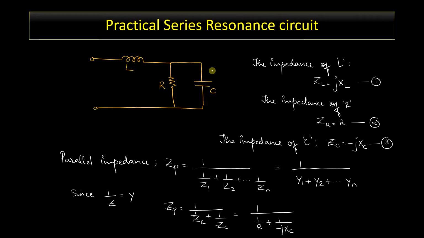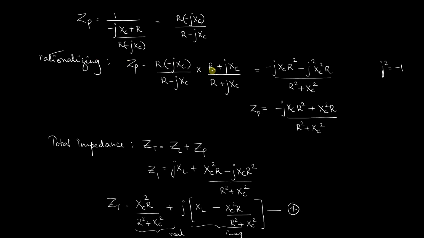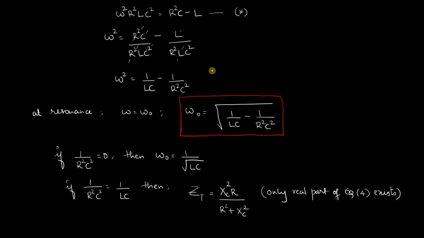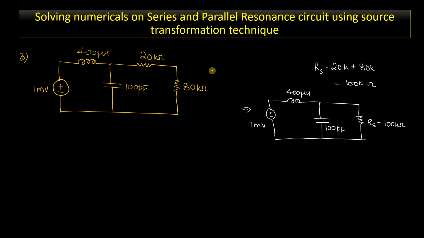Okay, now not always will you be able to derive the expression for the total impedance and obtain the expression for the resonant frequency, right? So in such a case, whenever a circuit is given like this, you can see here you have a voltage source in series with the inductor, right? So what you can do is transform this into a current source.